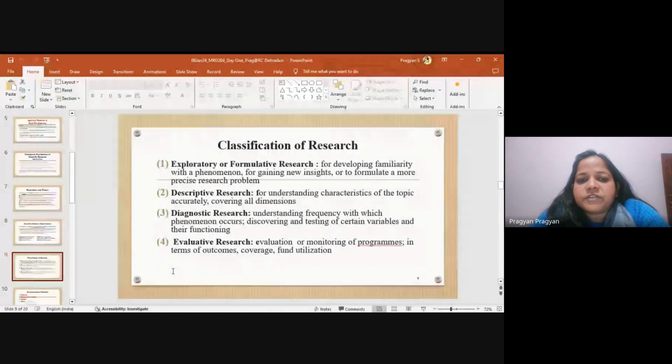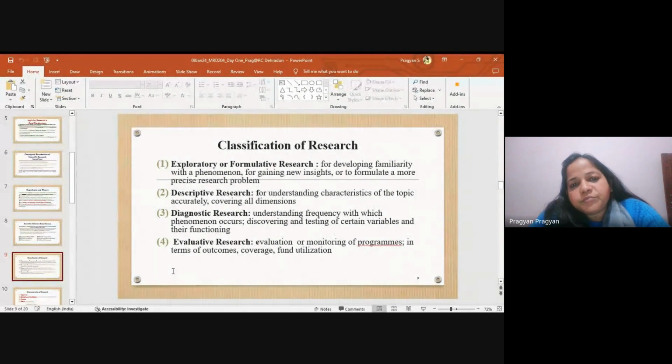Second is descriptive research. For your understanding, exploratory or formulative research are not general research. Those are always specifically aimed at formulating certain particular dimensions of a social phenomenon.